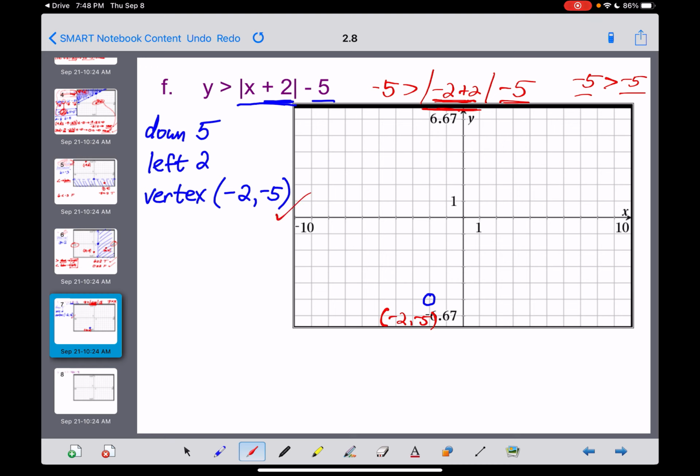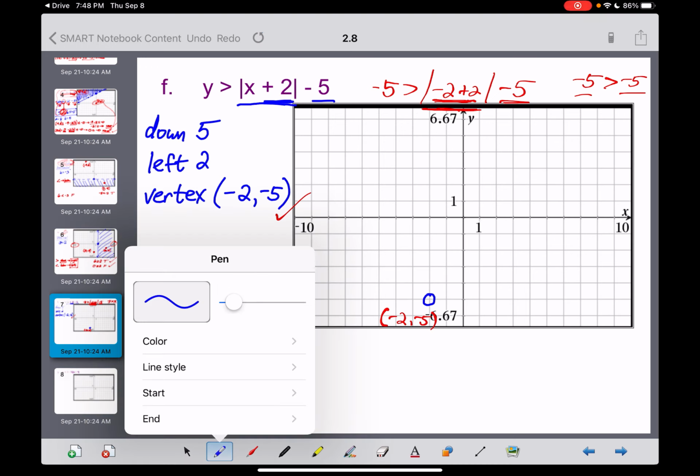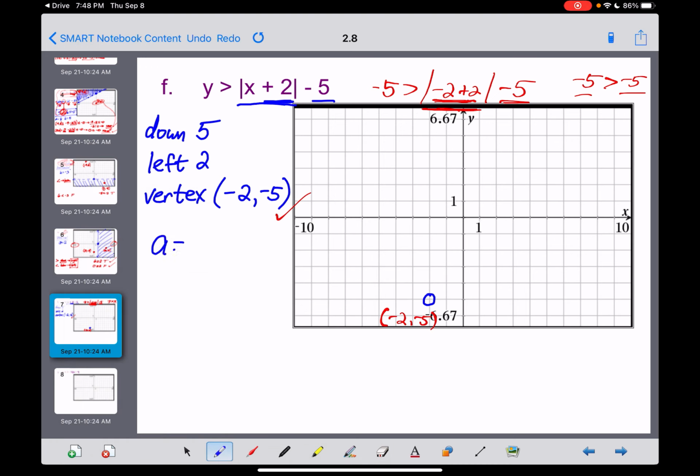Now, the only other thing really to learn about this absolute value graph, we talked about in 2.7 how the value of A determines what direction your V opens and also what the slopes of the rays are. If A were negative, then this graph would open down. But since it looks like there is no A there, and we know that's not right, our A value is 1.